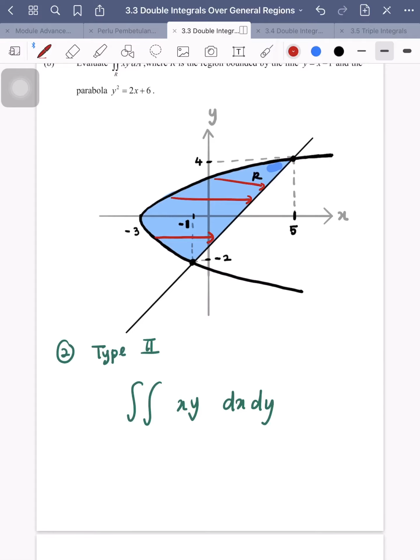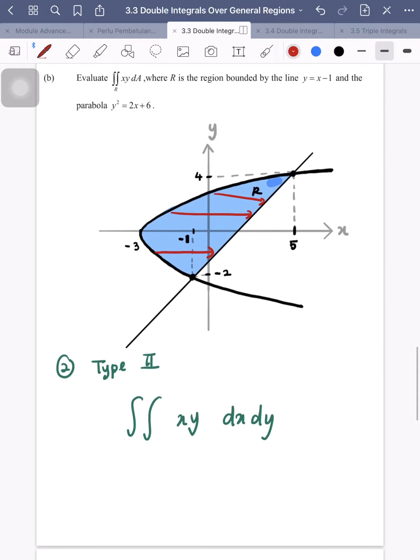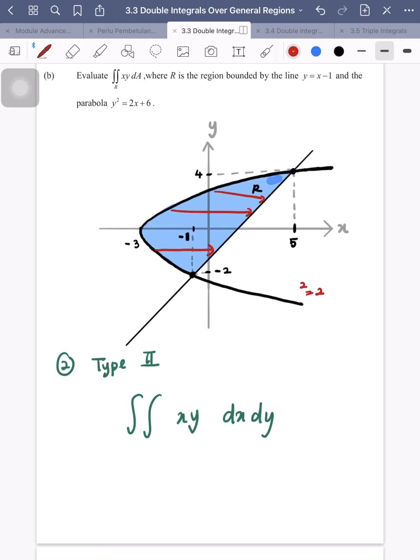The base, when you look on the left, the equation of the curve is y squared equal to 2x plus 6. We want an equation of x, so 2x equal to y squared minus 6, so x equal to (y squared minus 6) over 2. Make sure your equation is x equal to everything there.